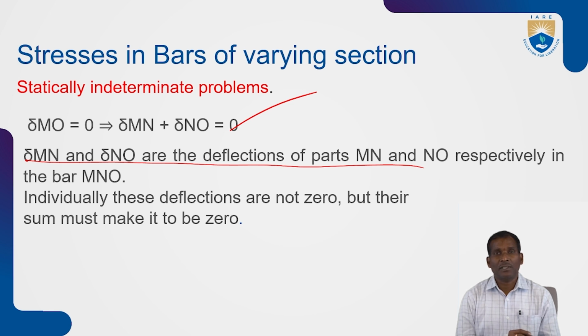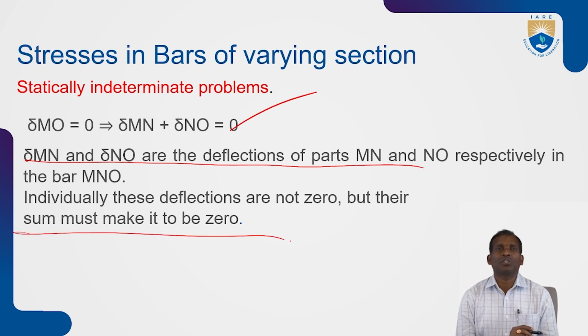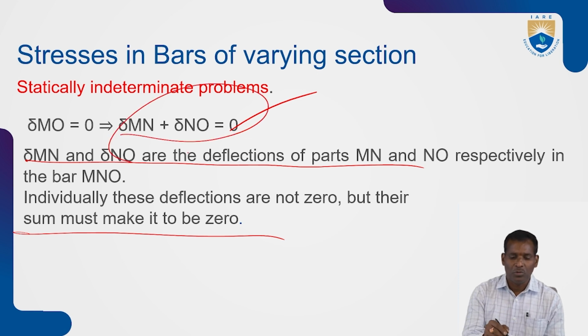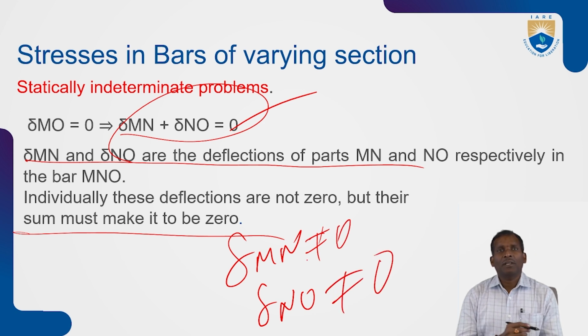Individually these deflections are not 0, but the sum must be 0. The individual deflections are not 0 when calculated separately, but whenever you take the summation for the entire rod, it must be 0.